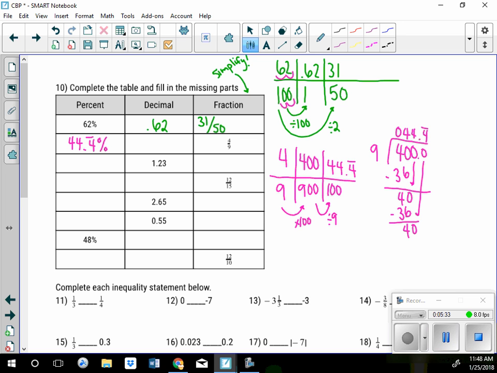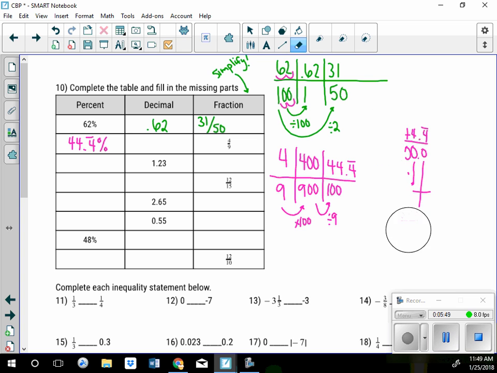All right, we're going to do one more together. Oh, we have to do our decimal. I'm so sorry. Let me erase this so we have room for our ratio table. What do we need to divide by to get our decimal? 100.